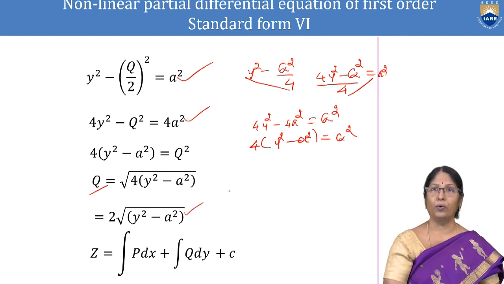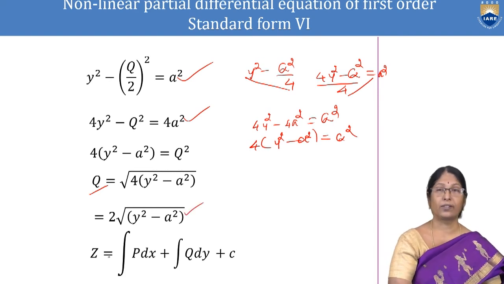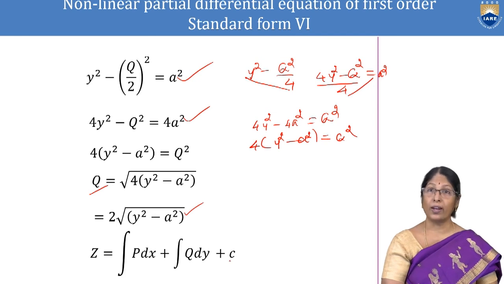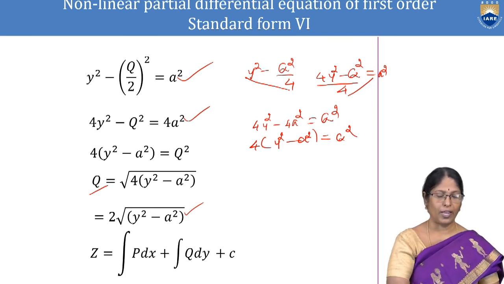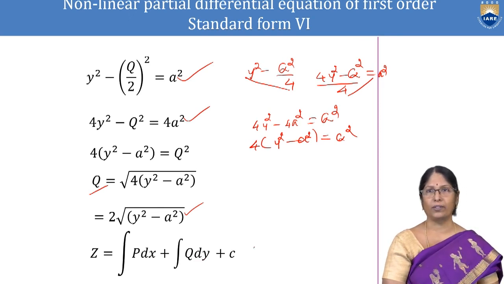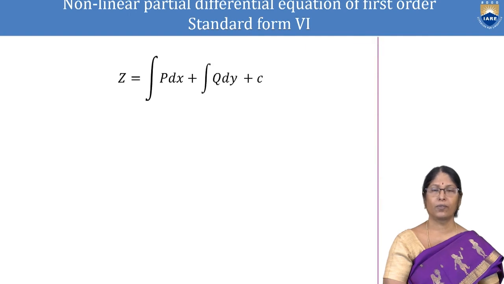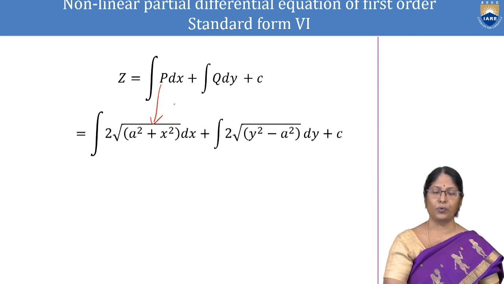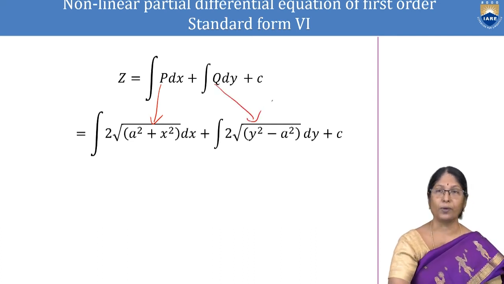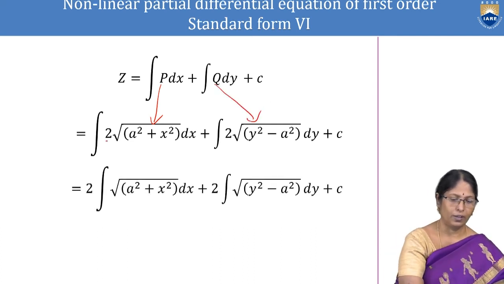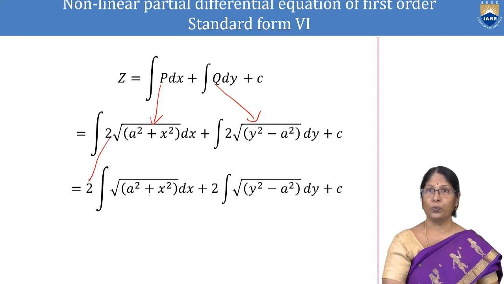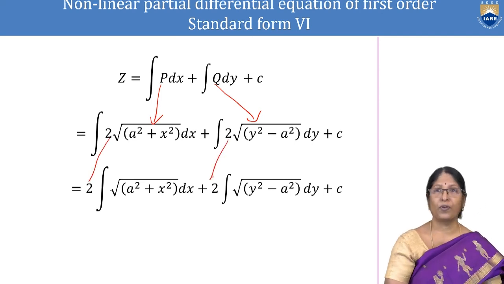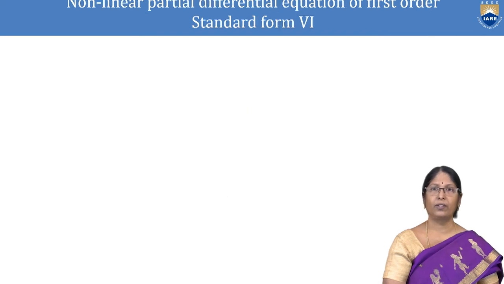So P and Q, we got it. Next, this is the step of standard form 3: capital Z equal to integral P dx plus integral Q dy plus C. So what we got? P is substituted and Q we substituted. The number 2 is kept in front of the integral.